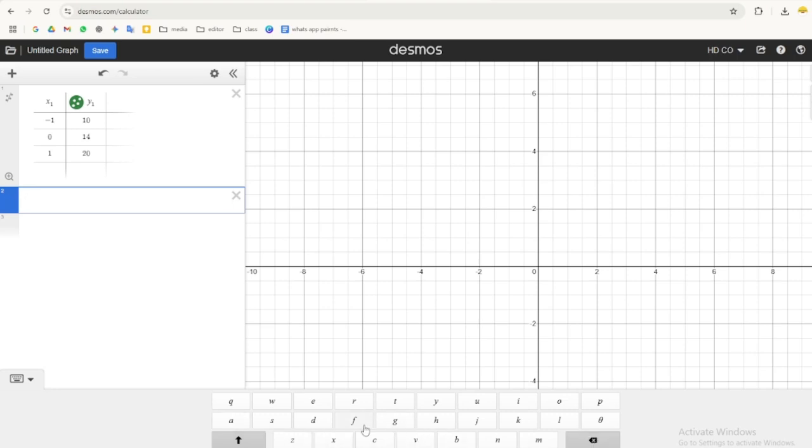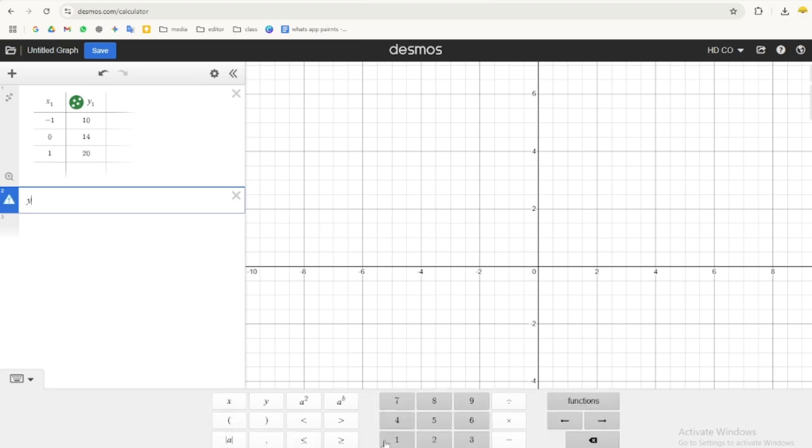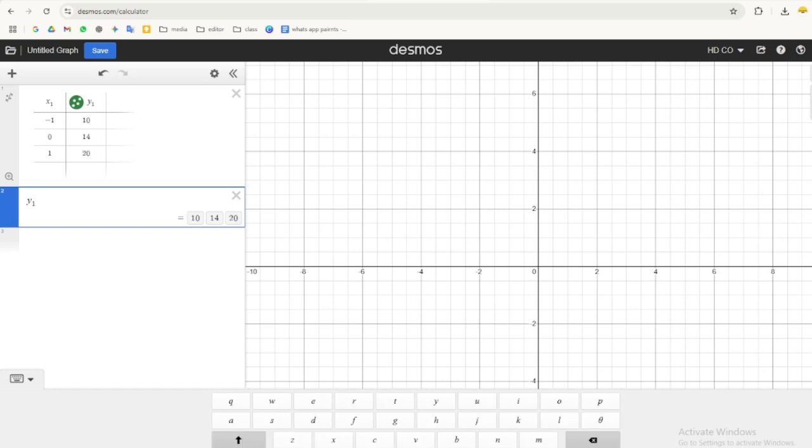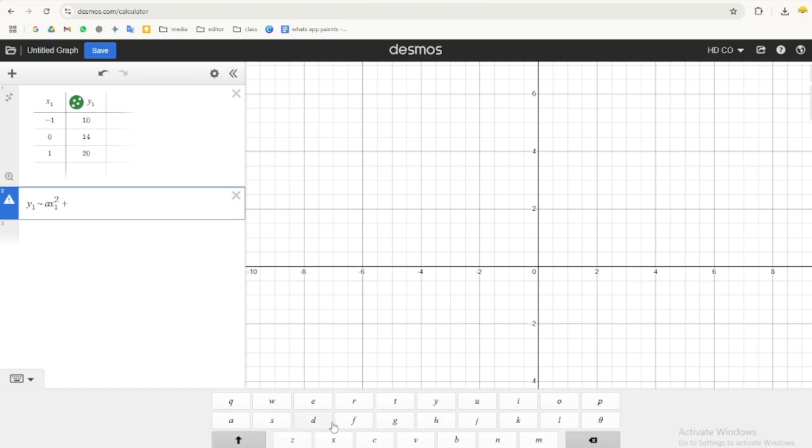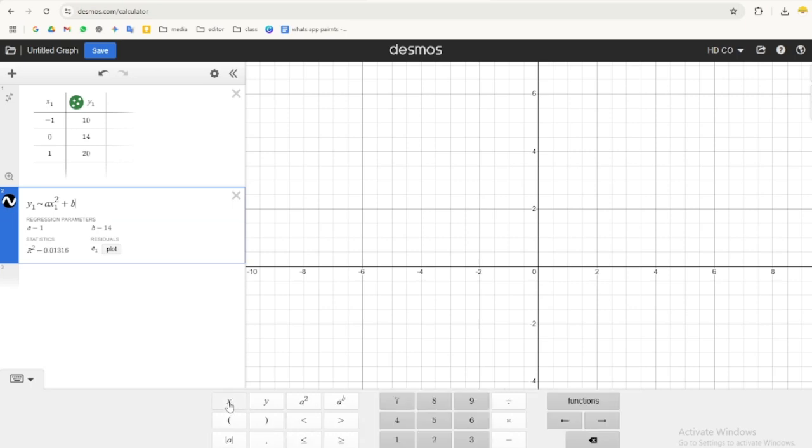We will put y1, and instead of equals we will use approximately or tilde, and put a x1 squared plus b x1 plus c.